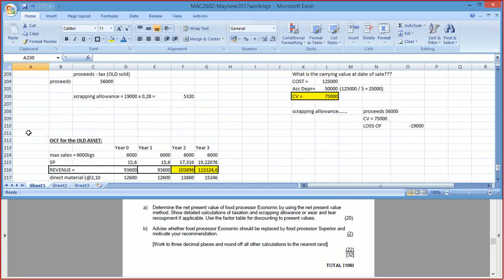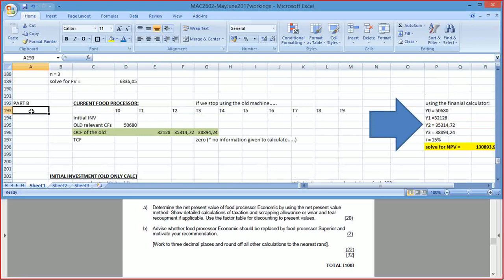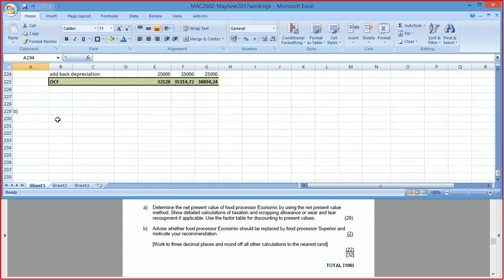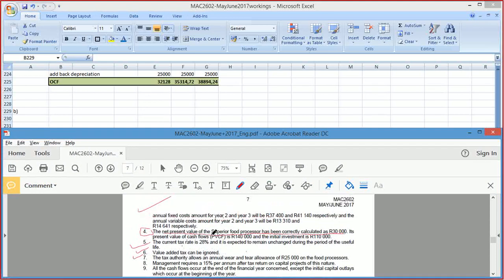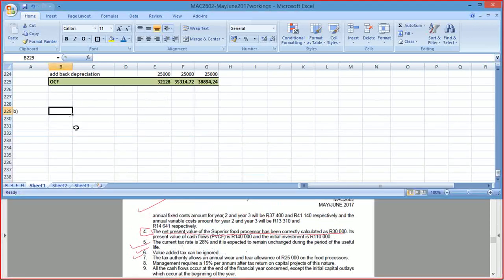Then B is you need to give them advice. So A and B. This is A. B is advise whether they should replace or not. So I now need that bit that I had earlier. There it is. The NPV of the new asset, the new processor, what is the net present value?